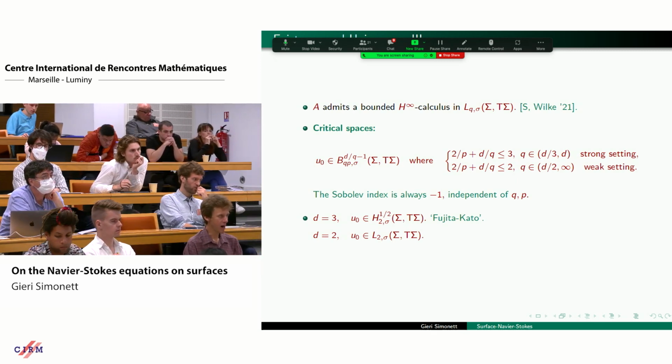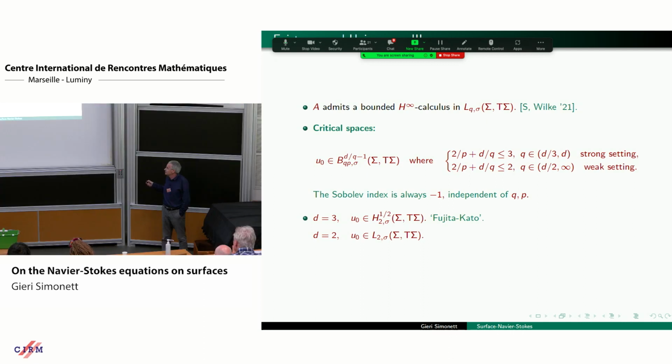then you can start with initial data in this space, and this is well known in the Euclidean context as Kato spaces. If you are in 2 dimensions, then again you can look at this, and you're allowed to choose initial data that are all L^2 initial data, and you want them to be divergence free.